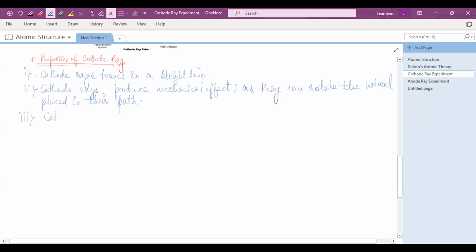Next property of cathode ray is that cathode rays consist of negatively charged particles, which are known as electrons. Okay.